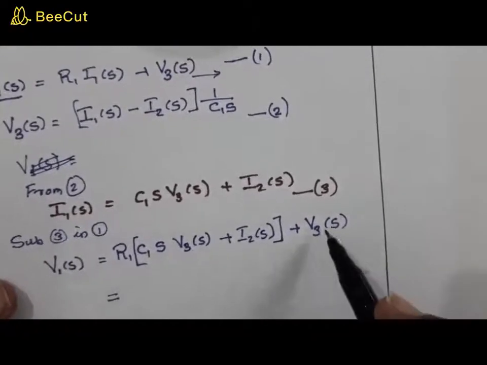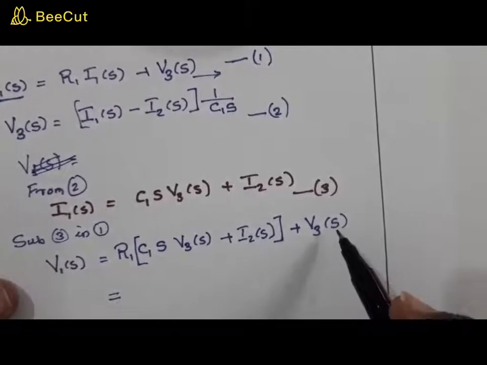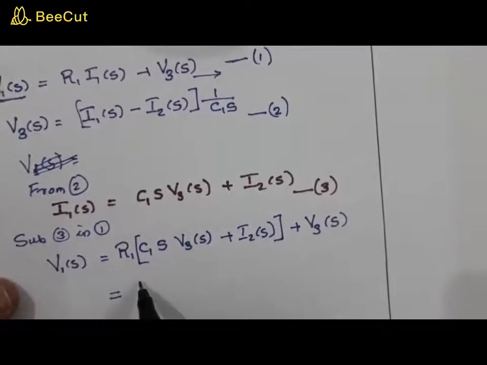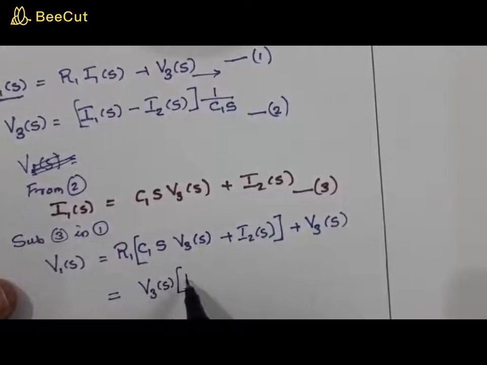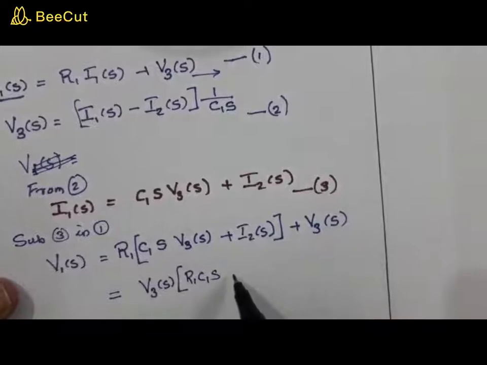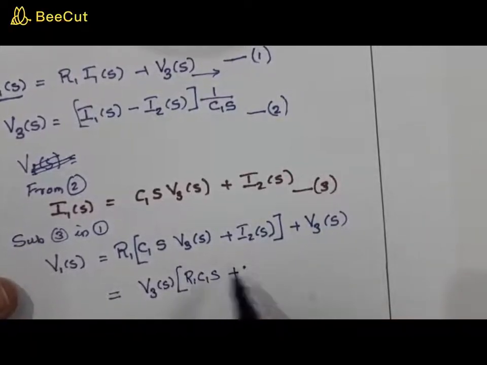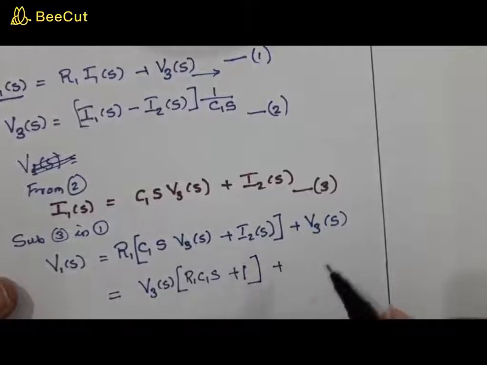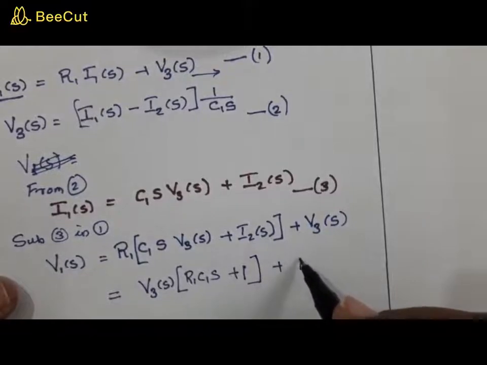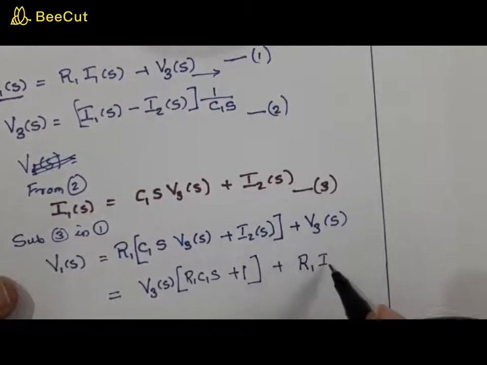Rearranging means you have V3 of S here, and here also you have V3 of S. So you can have V3 of S into R1 C1S plus 1, plus you have an R1 I2 of S, right?